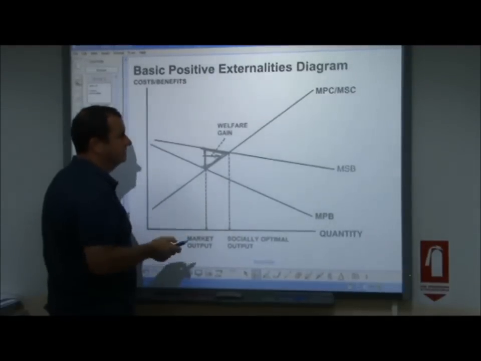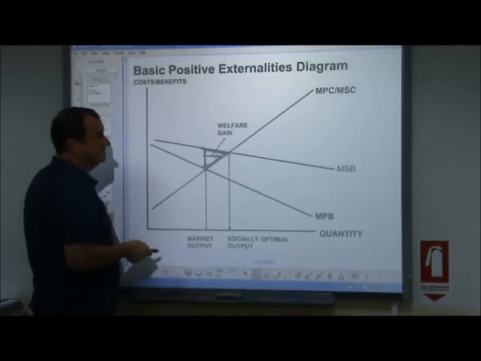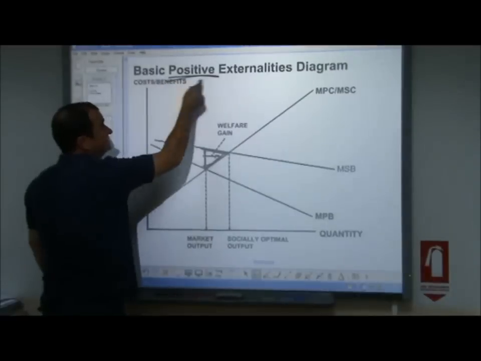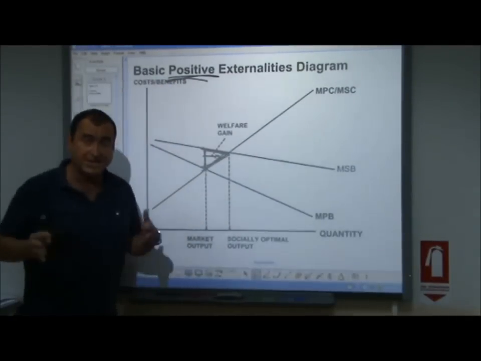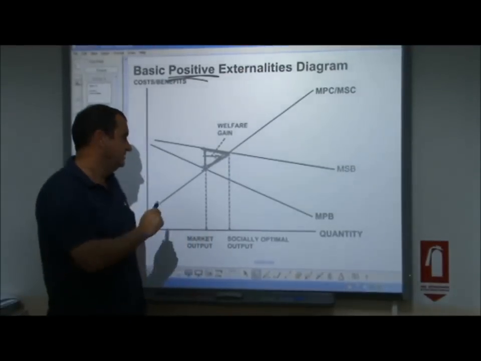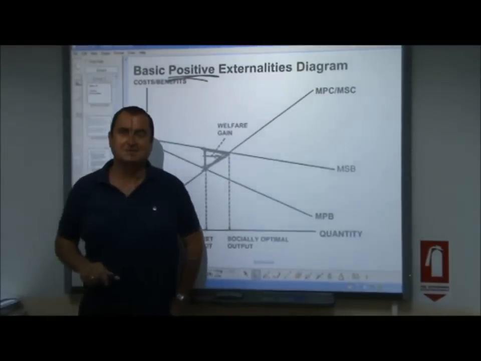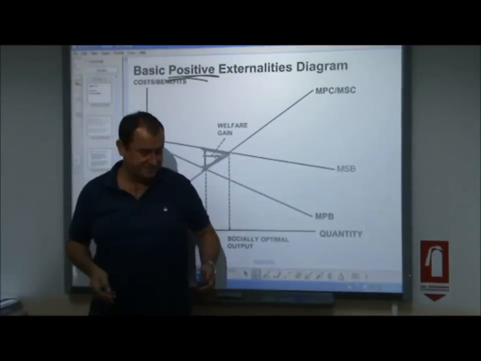So that's a way of ensuring that you get the right triangle shaded. Okay, positive externalities, more is needed. The triangle is pointing outwards. Just a little trick to help you. If you don't actually understand it, at least you'll get the right triangle. Okay, thanks a lot. Bye.